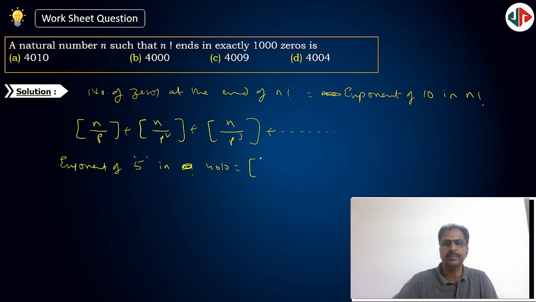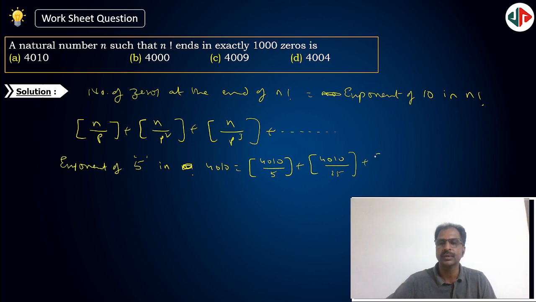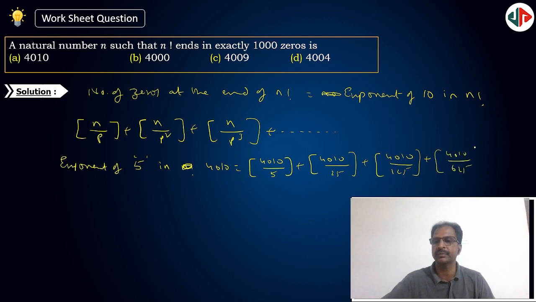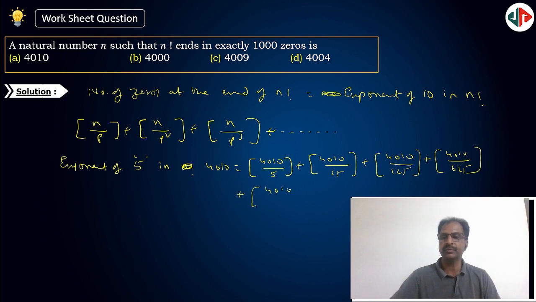This is nothing but floor of 4010 by 5 plus floor of 4010 by 5 square, 25, floor of 4010 by 5 cube, 125, floor of 4010 by 5 power 4, 625, plus floor of 4010 by 5 power 5, 625 into 5.